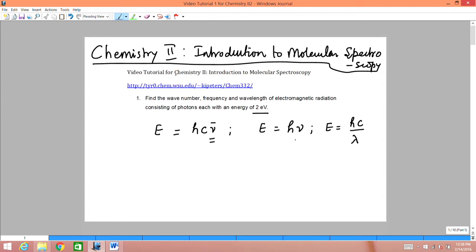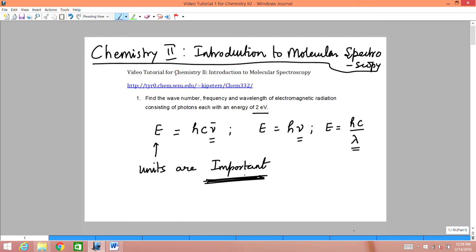Therefore, you are asked to calculate nu bar, you are asked to calculate nu, and you are also asked to calculate lambda for a given energy. Units are important. Please underline this.